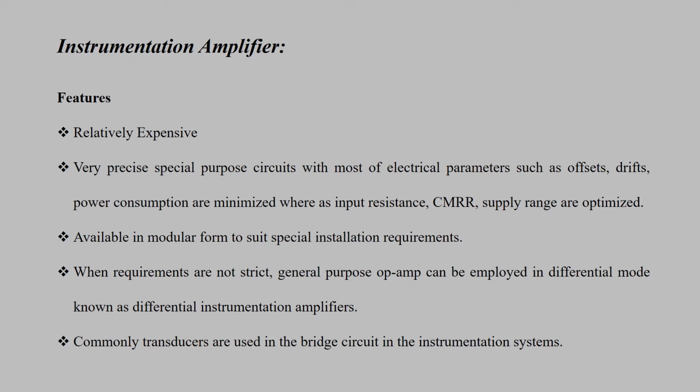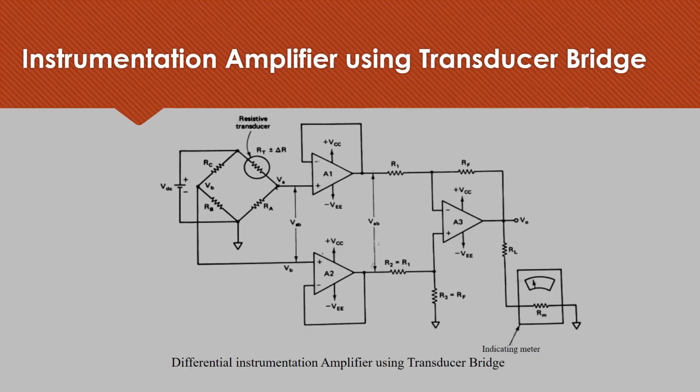Since most instrumentation systems use a transducer in a bridge circuit, we will consider a simplified differential instrumentation system that uses a transducer bridge circuit. In this figure you are seeing an instrumentation amplifier system using a transducer bridge.